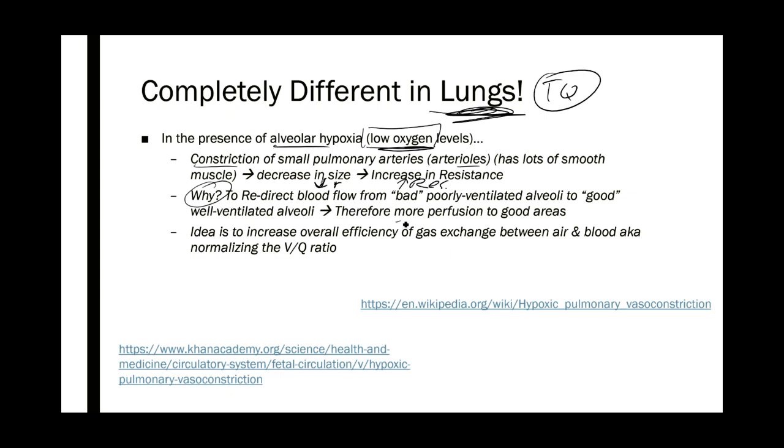And you get more perfusion to the good areas, less perfusion to the bad areas, and theoretically that should help maintain the VQ ratio. And the Wikipedia reading on this is pretty short and does a really good job of summing it up. If you're still having trouble, I'd recommend a 9-minute Khan Academy video.